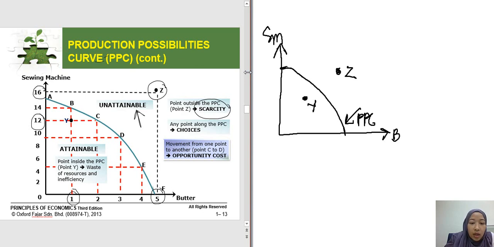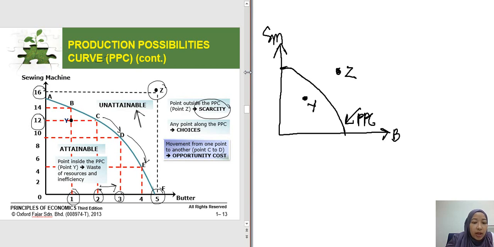Any point along the PPC is a choice. Movement from one point to another, let's say from point C to point D to point E, is what we call opportunity cost. Moving from point C to point D, say you are at 2,000 kgs of butter and you want to add your production to 3,000 kgs of butter.